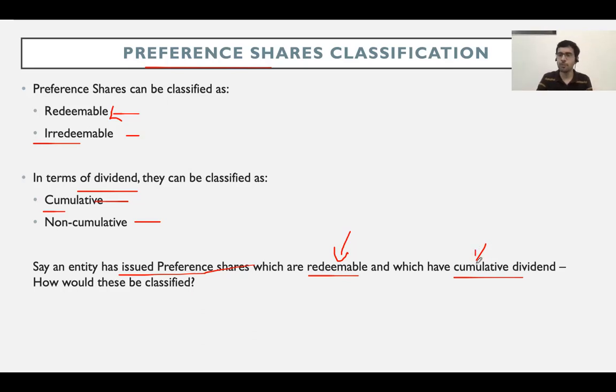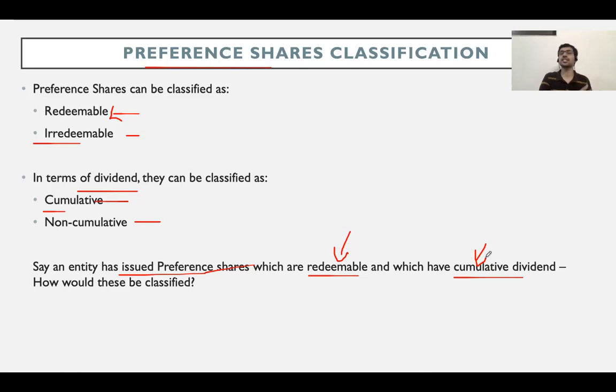Similarly, I have an obligation to pay dividend as well, because I cannot escape paying the dividend. If I do not pay dividend in the current year, I have to pay it in the next year. So I have a contractual obligation to pay both the redemption value and the dividend. I'm going to use redemption value and face value synonymously. Therefore, it clearly fits the definition of a financial liability.